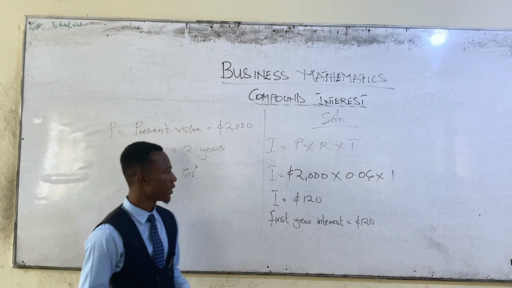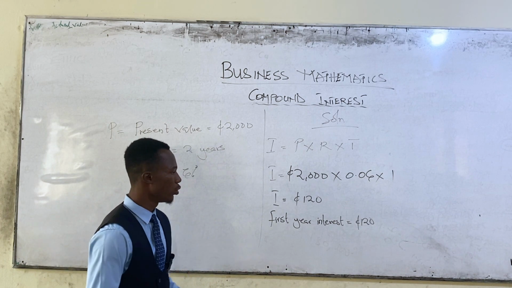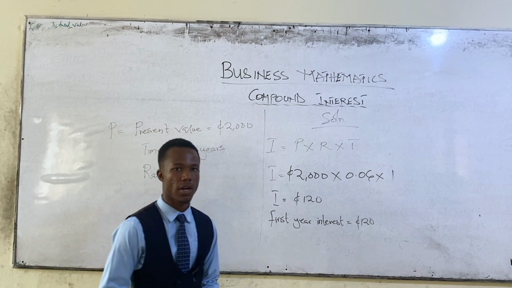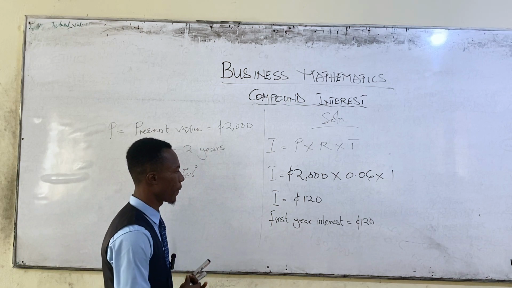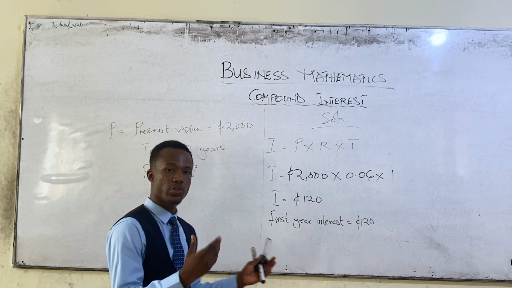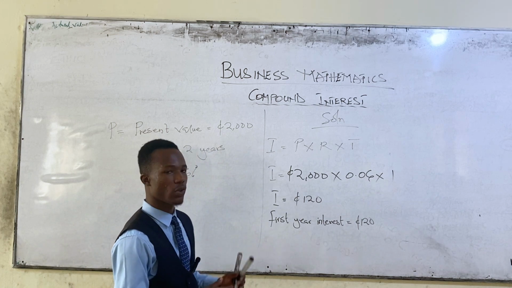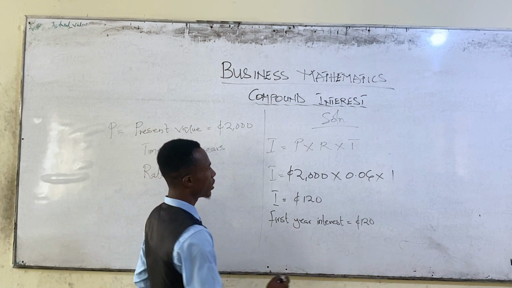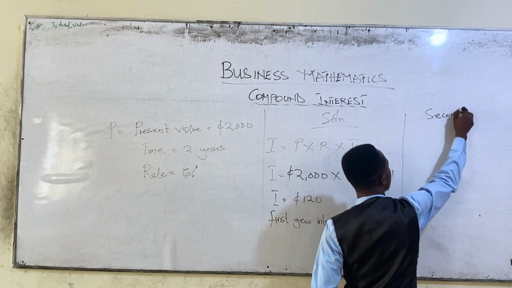Then we said for compound interest, after getting the interest for the first year, you add the interest to the principal to get the amount, or the future value, or the maturity value. You are going to use that amount to calculate the interest for the second year. So this is what we are going to do for the second year.